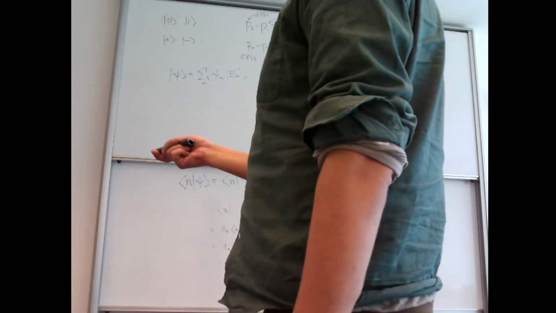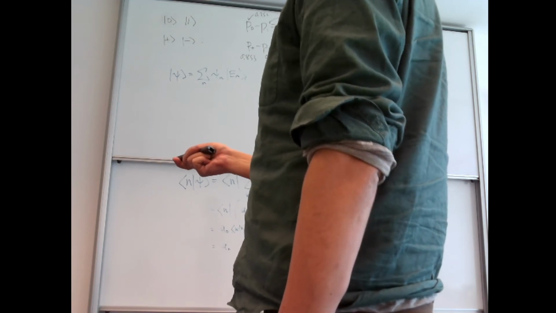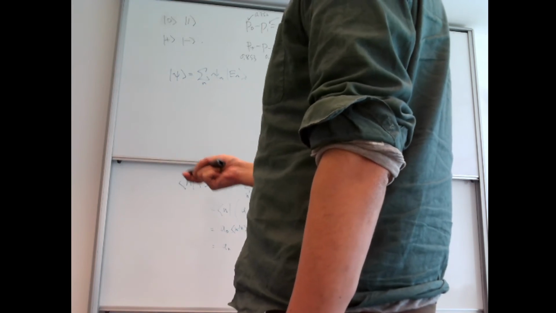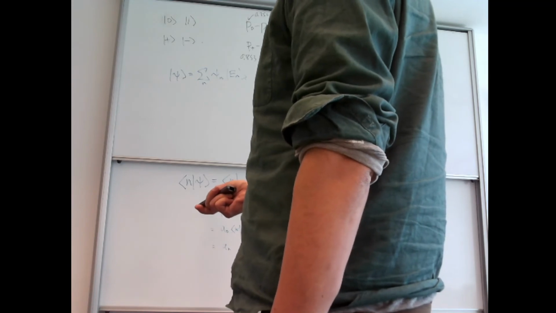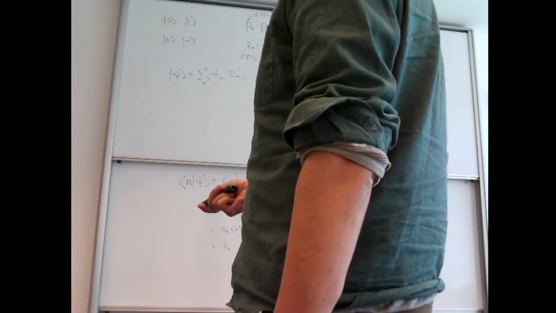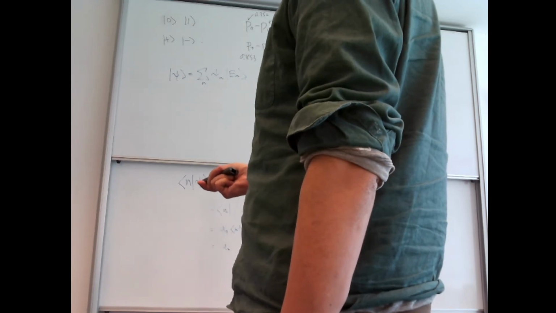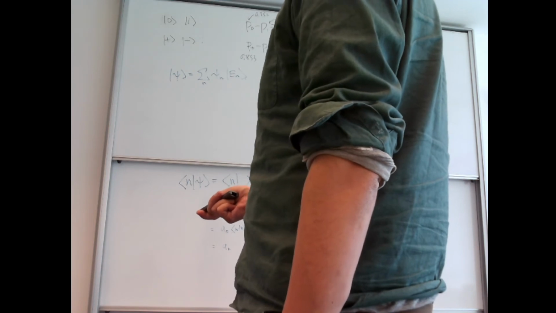So basically when I'm going to take the average of the observable Q, what I mean is that I'm going to look at the probabilities, and I'm going to look at the values that each of these states are assigned, and that's my average, right?